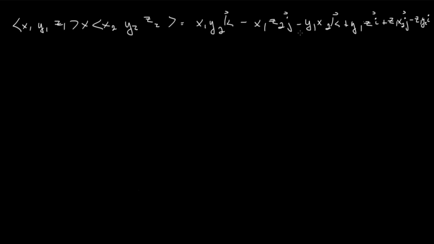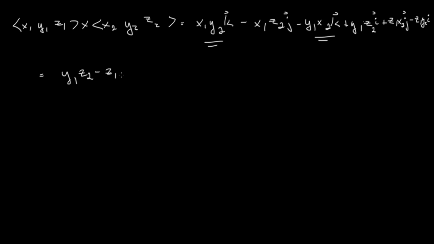Let's continue to clean this thing up because we got some terms that, sorry, not constants, these terms have the same direction vector. We can group them. So let's go ahead and put i first. So let me find all my i's. I got a y1 and a z2, I didn't write z2, but I should have, z2. And I have a minus z1 y2.